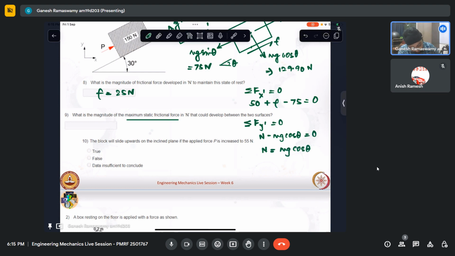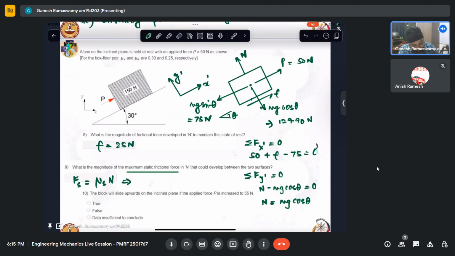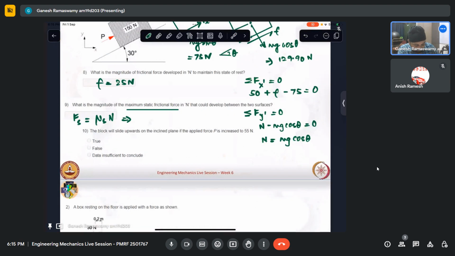So we know that the maximum static frictional force can be mu s n, which is 0.3 into mg cos theta. Mg cos theta was 129.90, which comes out to be 38.97 Newton, as we solved it.